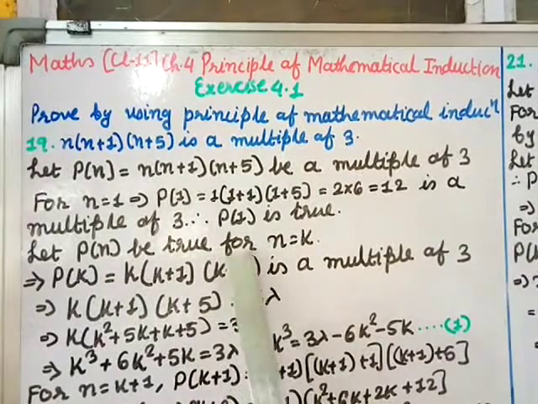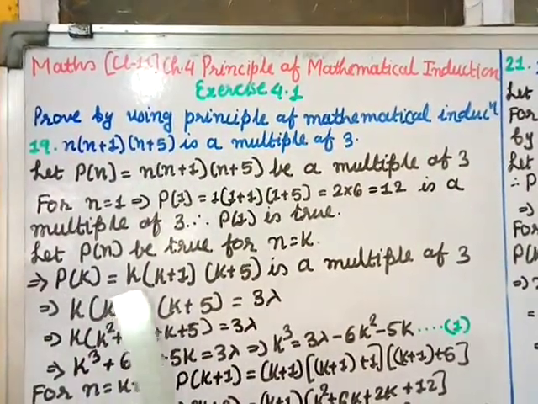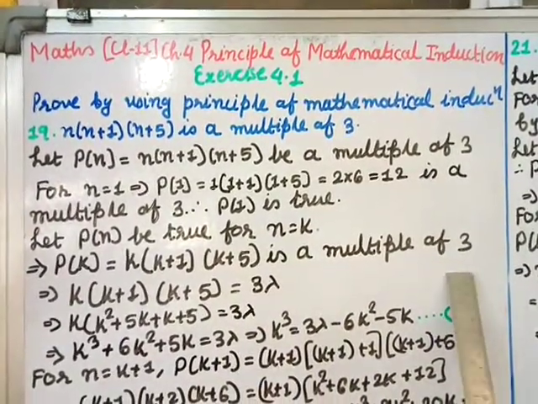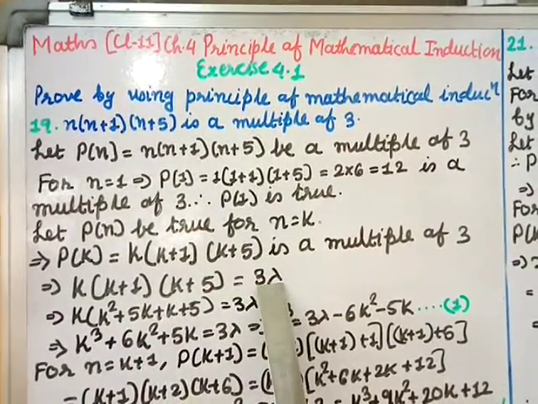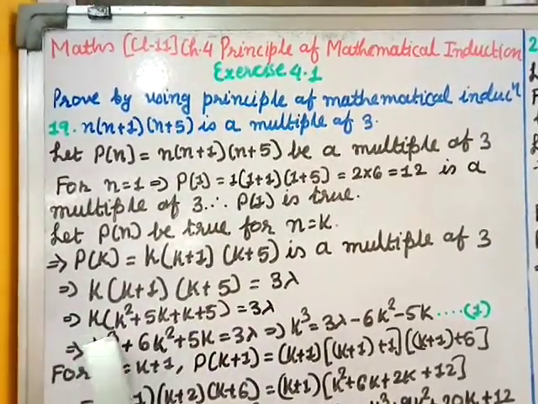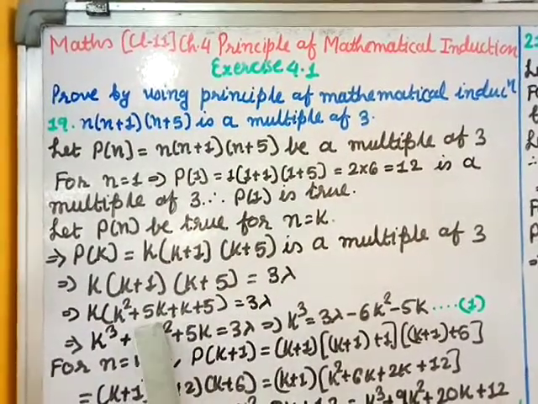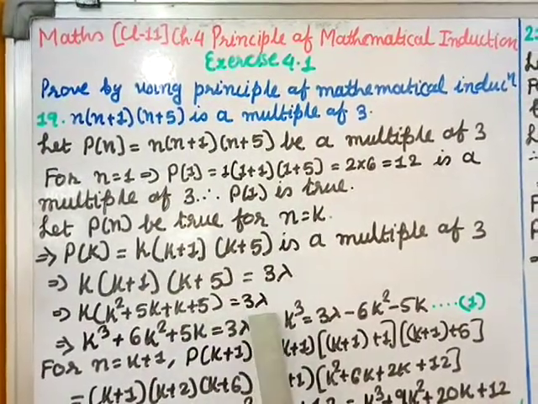Let Pn be true for n equal to k. So instead of n, now put k. So Pk is equal to k into k plus 1 into k plus 5 is a multiple of 3. This we can write mathematically as k into k plus 1, k plus 5 is equal to 3 lambda. Open these two brackets: k square plus 5k plus k plus 5 equal to 3 lambda.